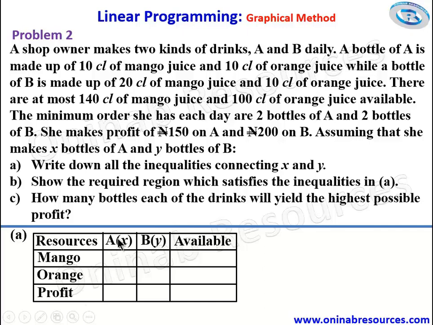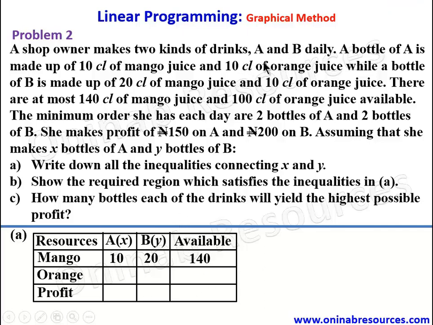For drink A, it is made up of 10 centiliters of mango juice, so we have 10 here. Then how much mango juice is required by drink B? 20 centiliters of mango juice, so we have 20 here, and the total amount of mango juice available is 140, so we have 140.